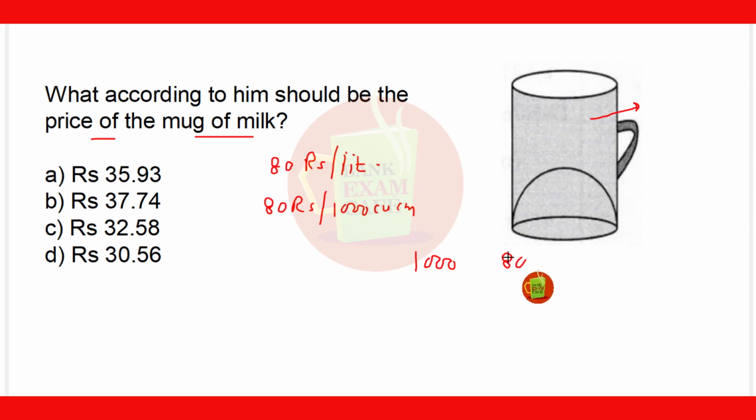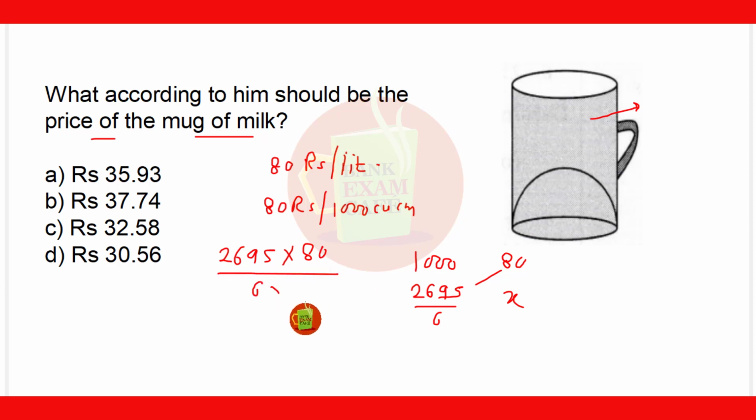So for 2695/6, this is the actual volume or the actual capacity of the mug, how much charge should there be? So we multiply this and divide by the first term. So it will be 2695 multiplied by 80 divided by 6 into 1000.